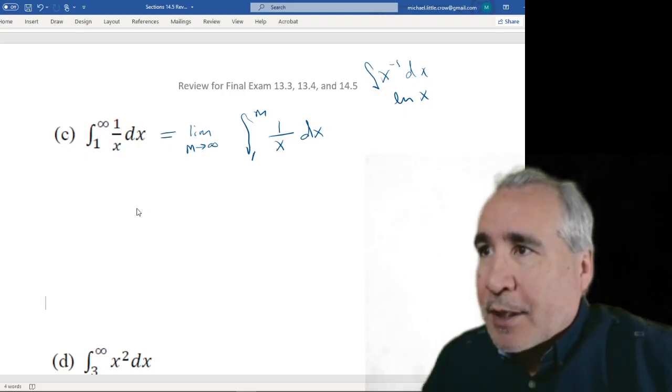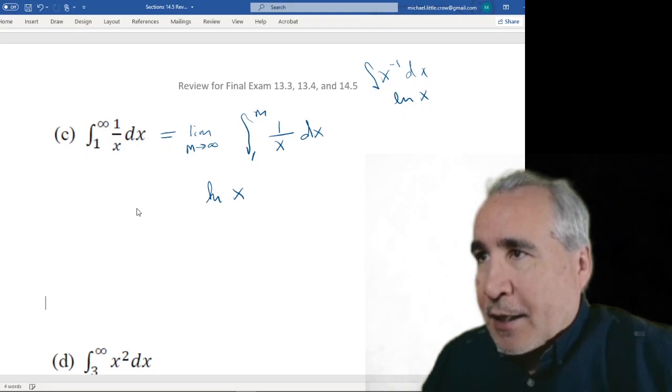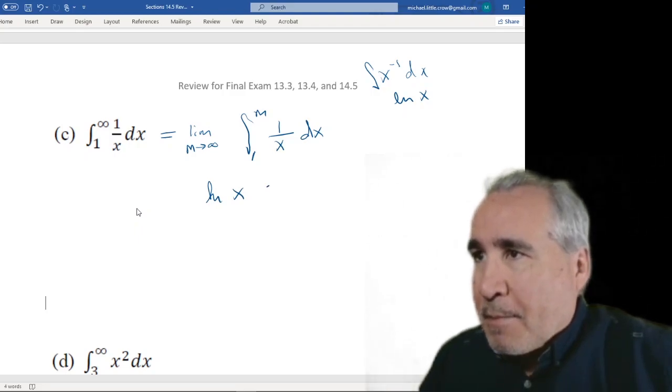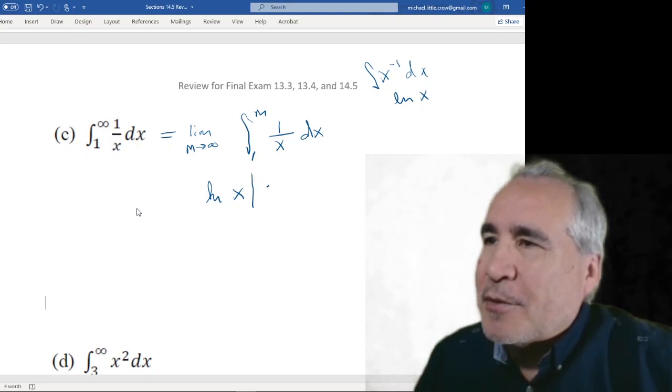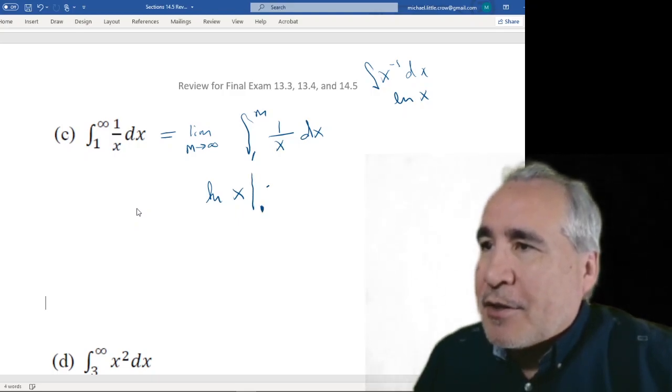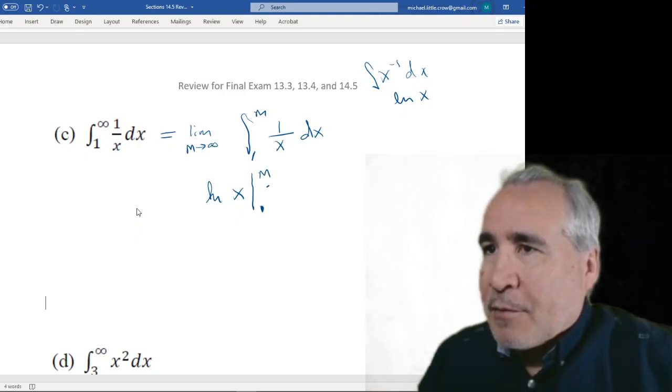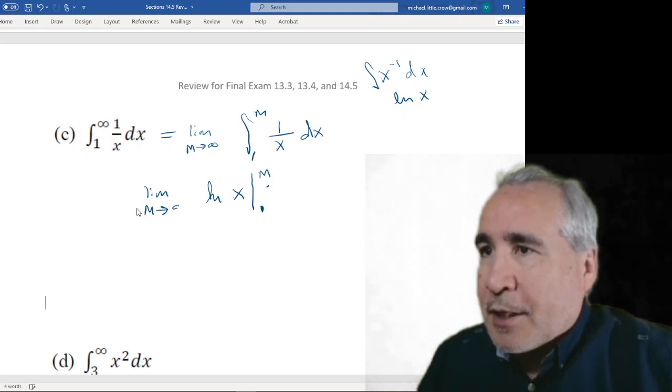So we're going to integrate. 1 over x integrates as natural log of x. That's it. I was trying to do too much at once. The limits of integration going 1 to m. And again, we're taking the limit as m goes to infinity.